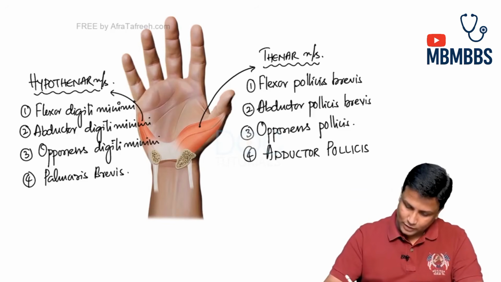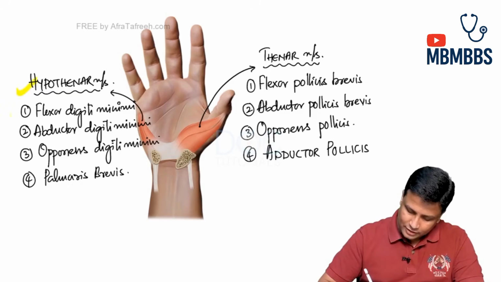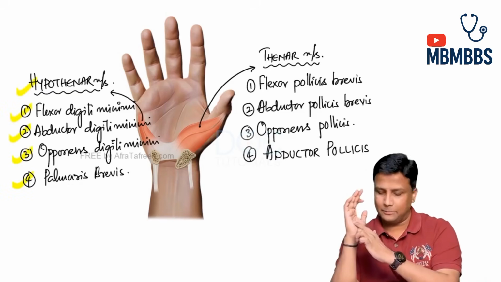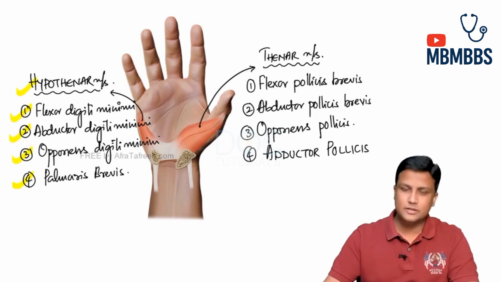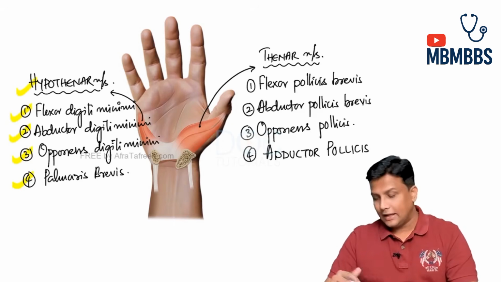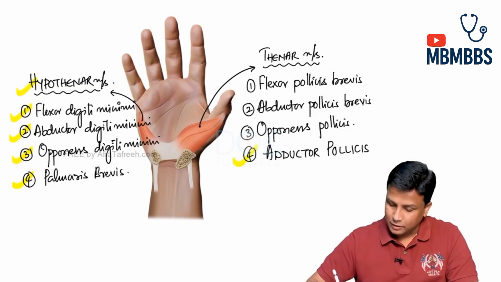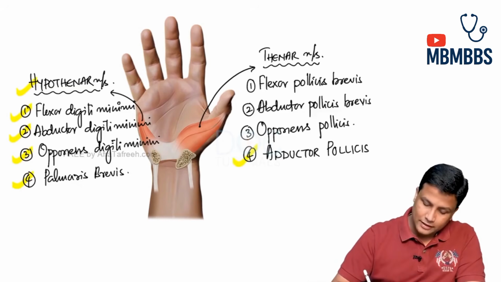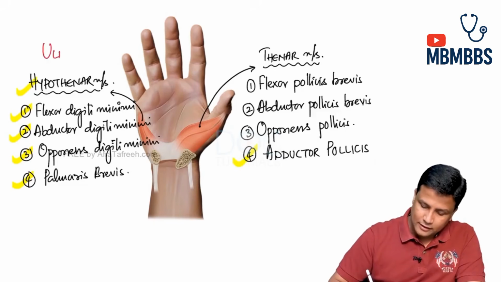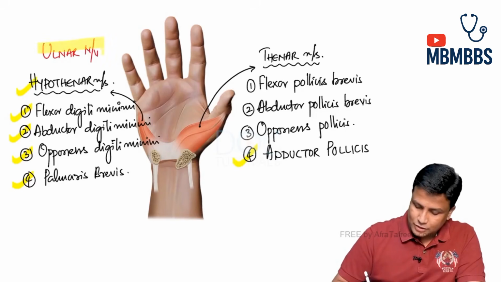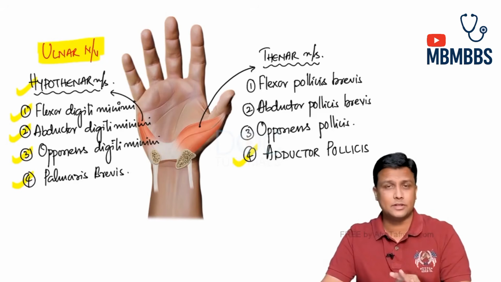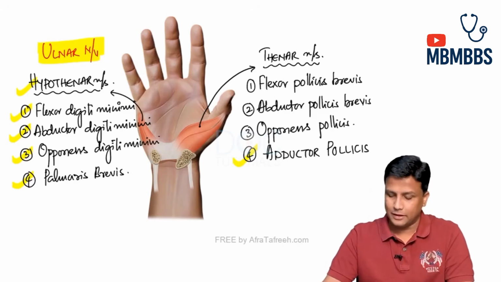So we'll do one thing here. All the hypothenar muscles, flexor digiti minimi, abductor digiti minimi, opponens digiti minimi, and the palmaris brevis, and then in the thenar group, adductor pollicis. Whichever I have marked here with yellow color, all of them are actually supplied by your ulnar nerve. So the ulnar nerve supplies the hypothenar muscles, and one important exception there is adductor pollicis, supplied by the ulnar nerve.